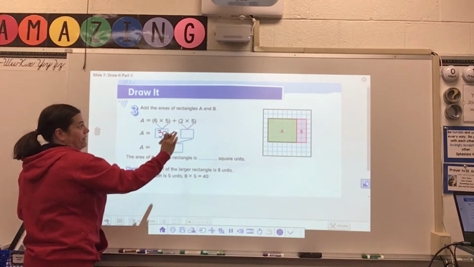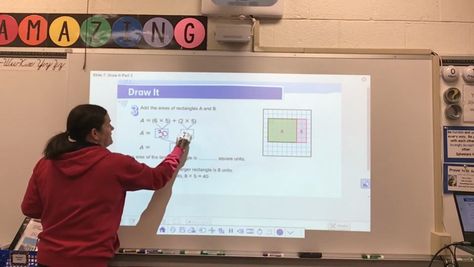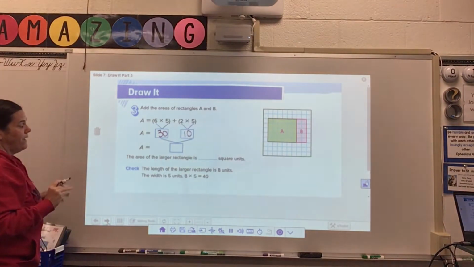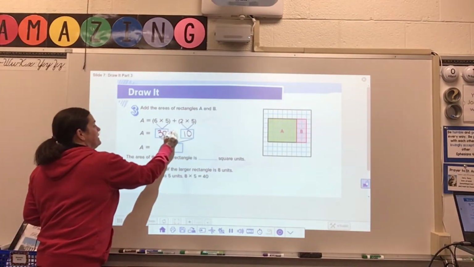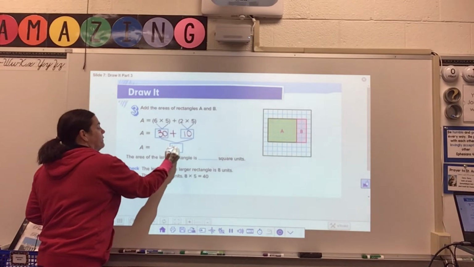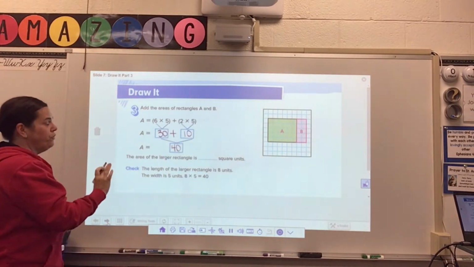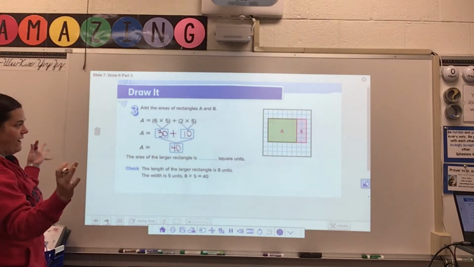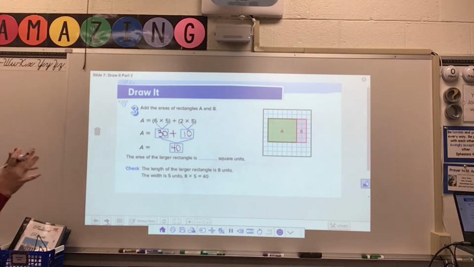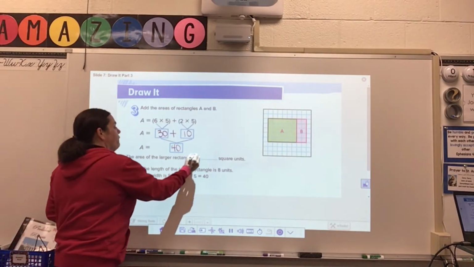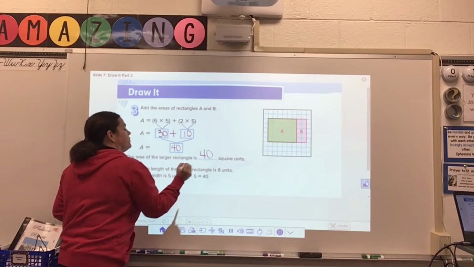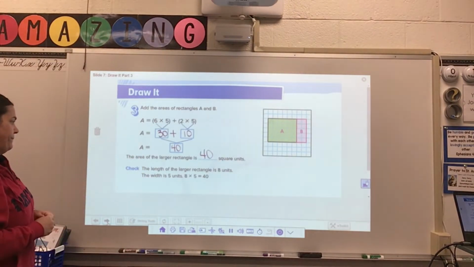The pink is 2 times 5, which is 10. And then when you add those two numbers together, you get 40. So this new rectangle, the larger rectangle, rectangle A and B combined, is 40 square units.